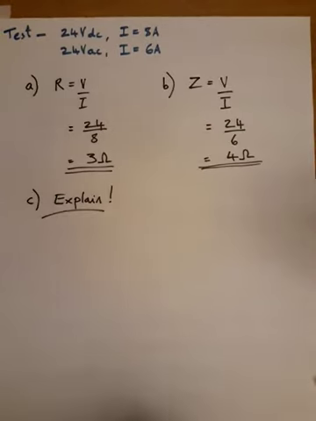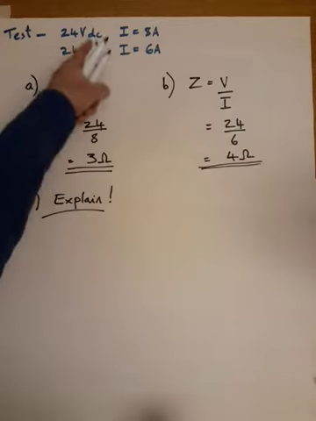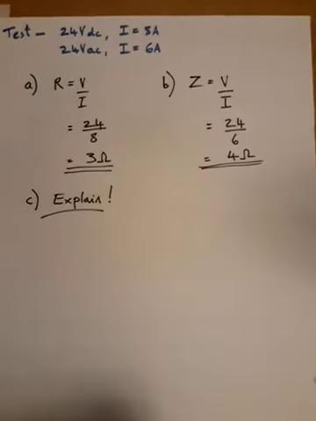It would be something like: using a DC supply, the only opposition to current flow is resistance. However, using an AC supply, the opposition to current flow is impedance. That's what we said there and did there.